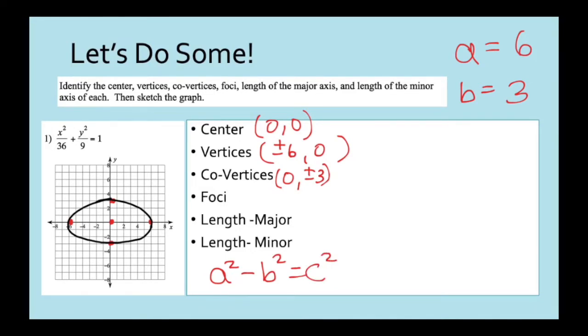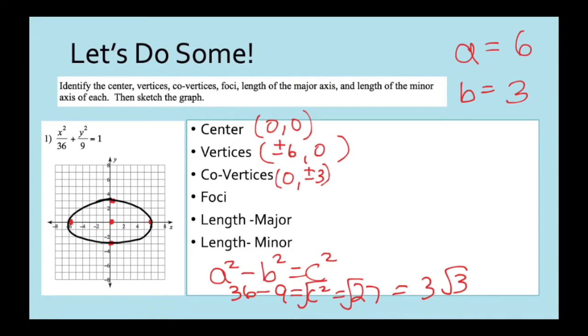If you remember, a squared was the 36, and b squared is 9. So 36 minus 9 is 27. When I take the square root of both sides, I'll get the square root of 27. I can factor that into 9 times 3 and take a 3 out with that. So I will have 3 radical 3 as my foci.